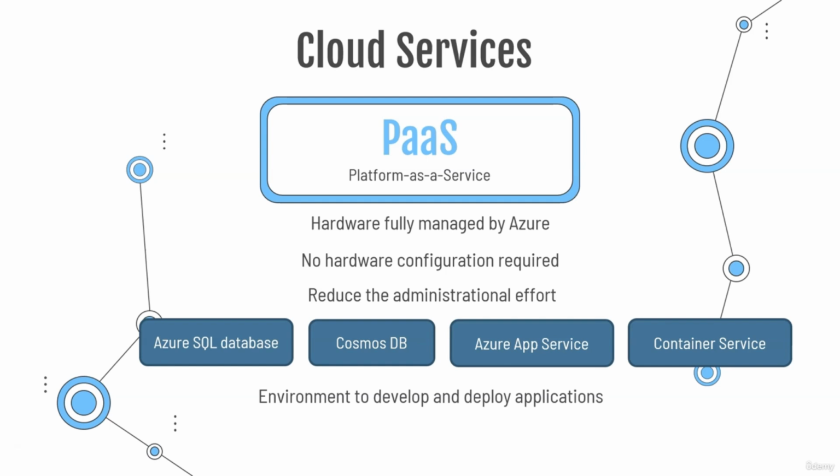So what we get from platform as a service is an environment in which we can develop and deploy applications. This is a very typical definition. Examples, as I mentioned, are SQL databases, container services and app services. And of course, later on, we'll talk more about these specific service types as well.